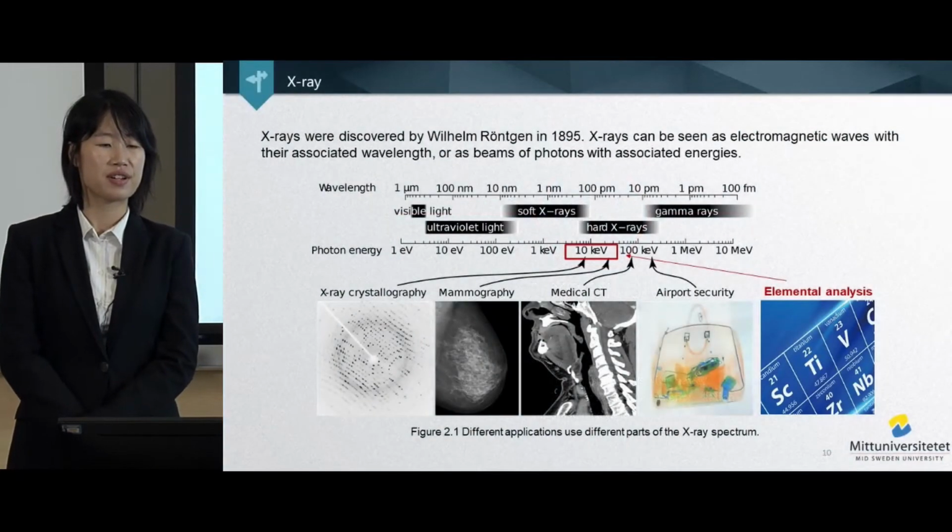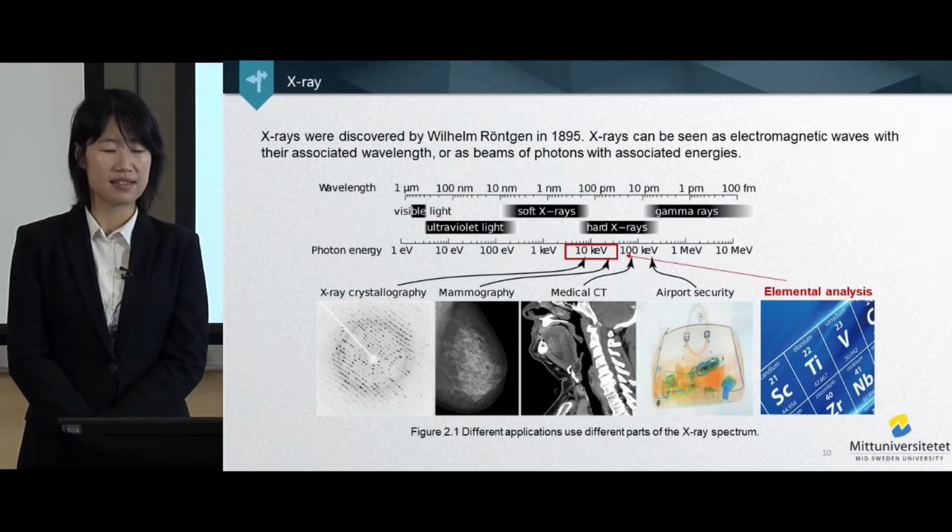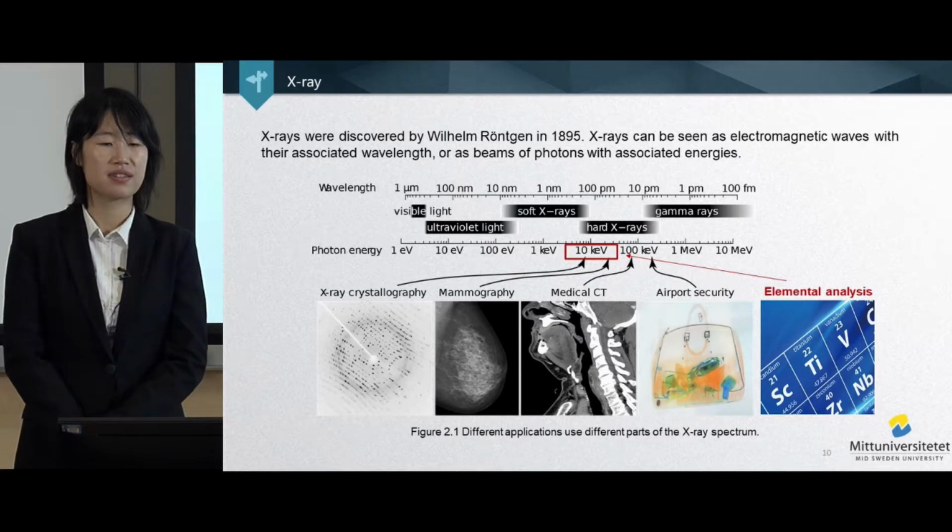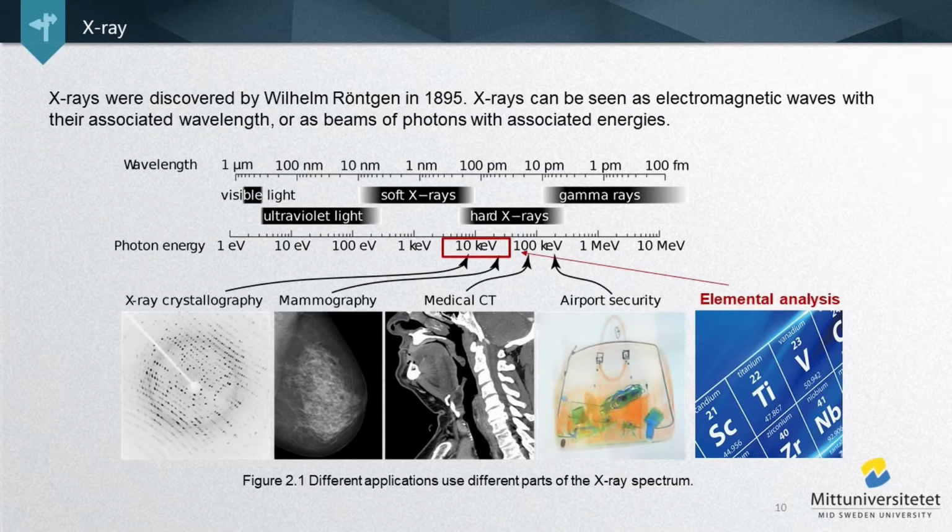X-rays were discovered in 1895, and can be seen as electromagnetic waves with their associated energies. Depending on the interactions of X-rays and matter, there are several different applications that use different parts of the X-ray spectrum.